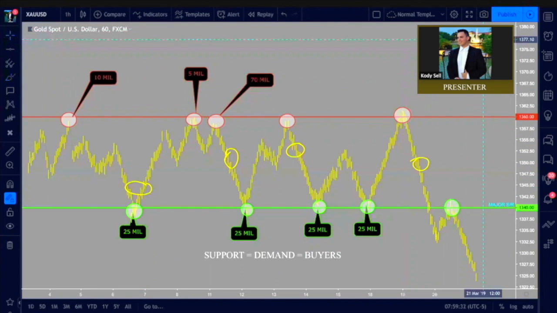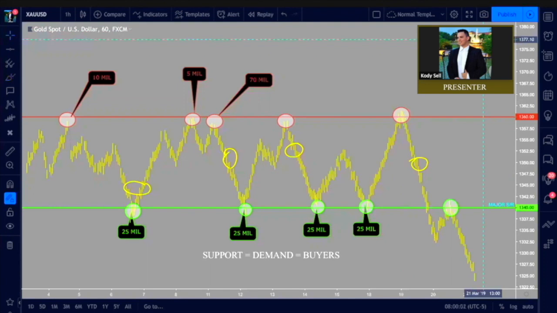And what's the result of this supply and demand in the market? You end up with support and resistance, inherent barriers in price, and you're able to accurately predict where the sellers are going to come in, where the buyers are going to come in, and where you too should be placing your trades.